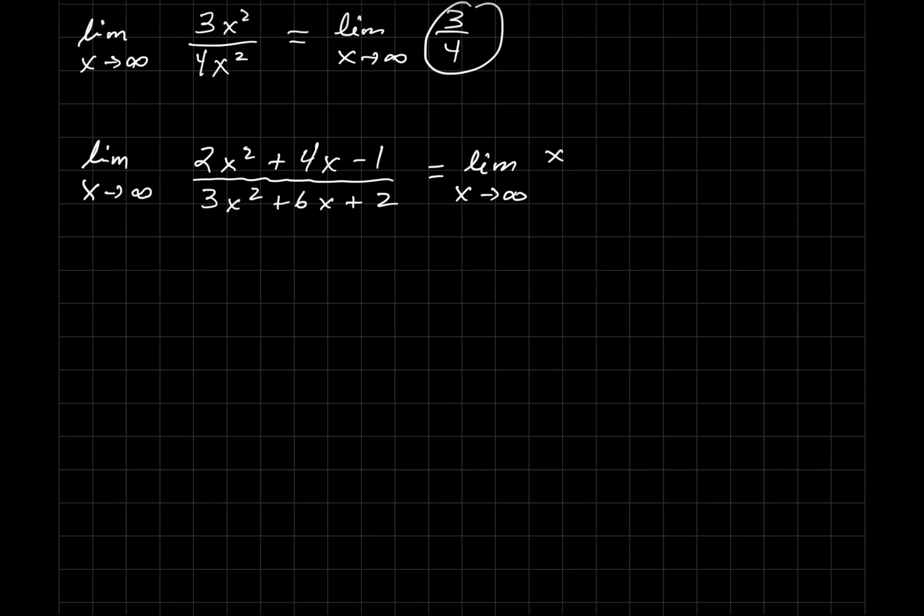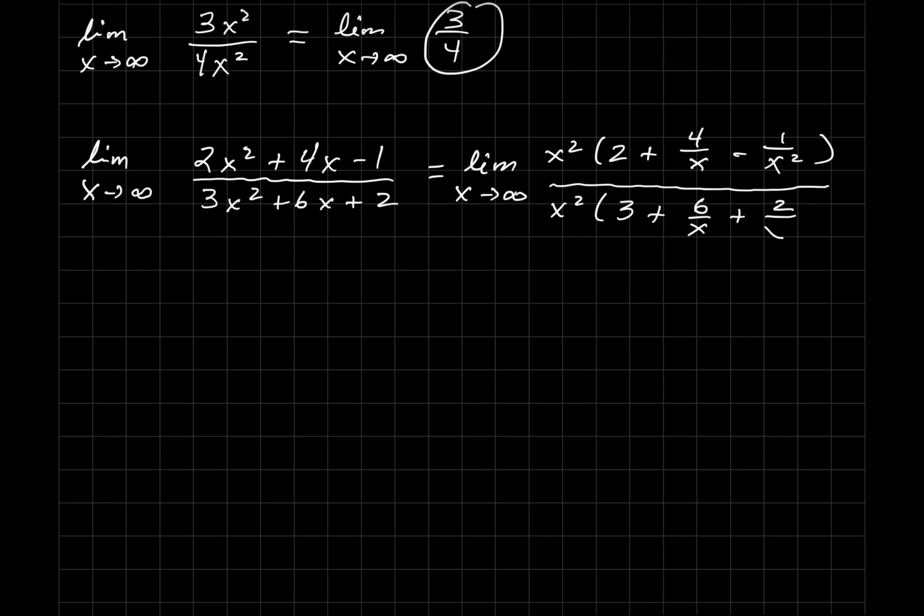So if I take an x squared out of the top, we're left with 2 plus 4 over x minus 1 over x squared. And if we factor the highest power out of the bottom, which is also x squared, we end up with 3 plus 6 over x plus 2 over x squared.